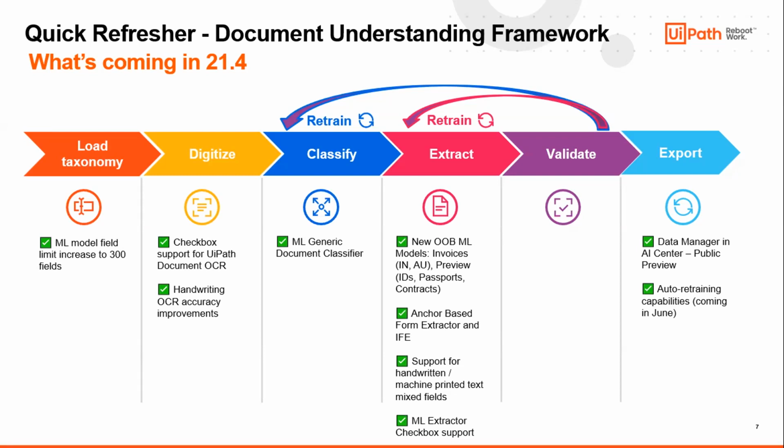Sometimes you receive documents that have multiple pages, and each page has a different type of document. Let's say, for example, you are receiving a PDF file with 10 pages, and on the first page you have an invoice, on the second page a purchase order, and on the third page, again, an invoice, something like that.